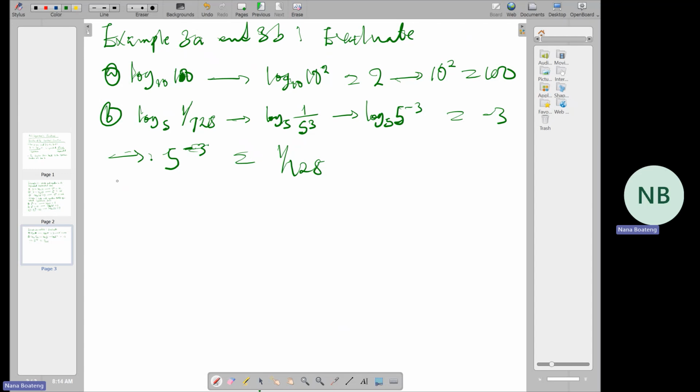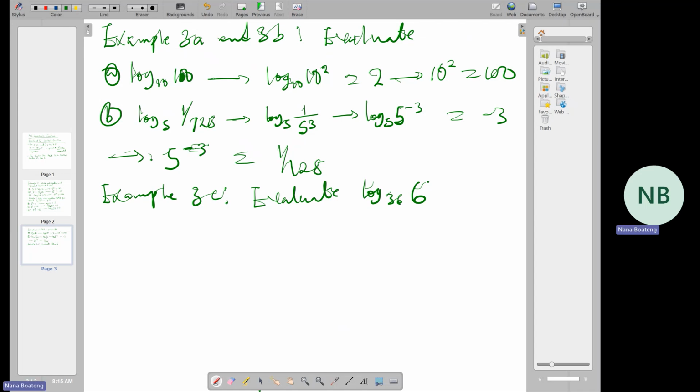All right, so let's look at also example 3c. Evaluate log to the base 36 of 6.